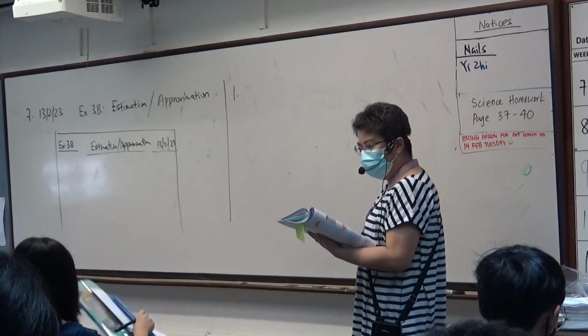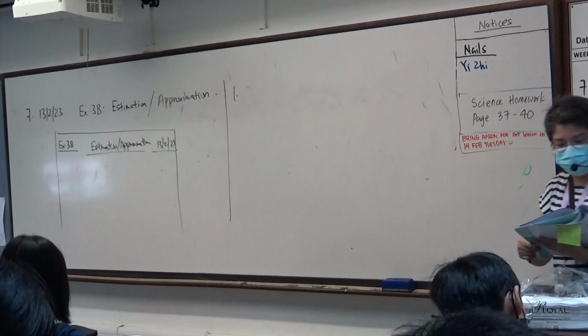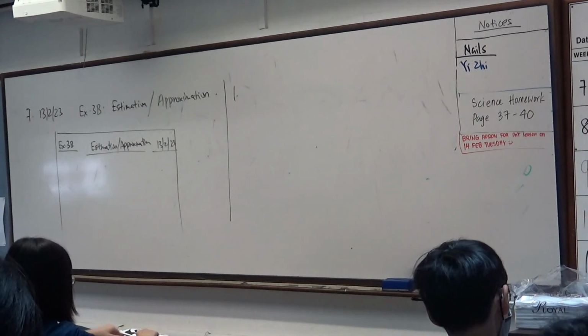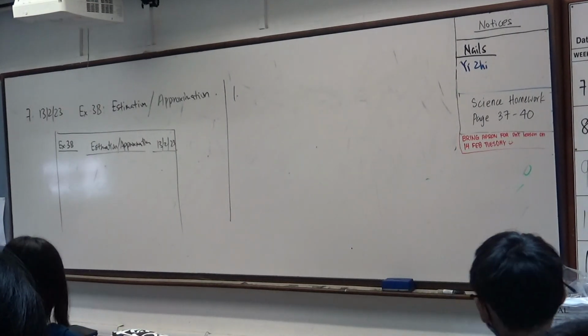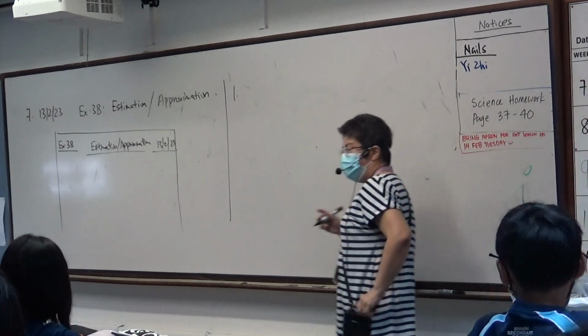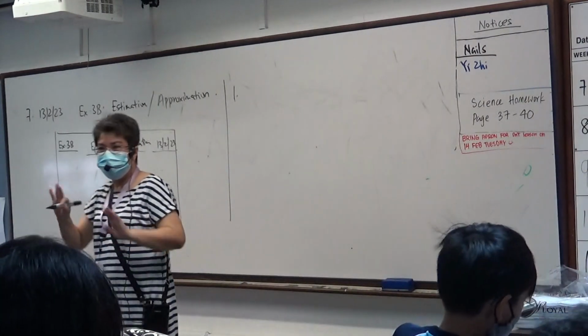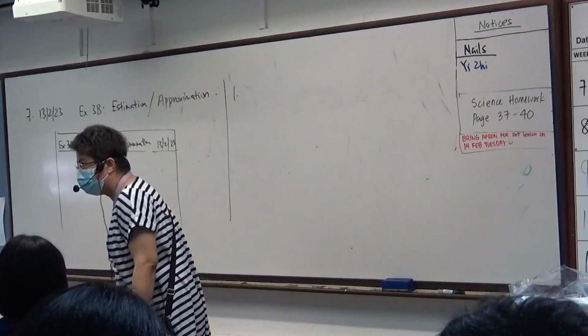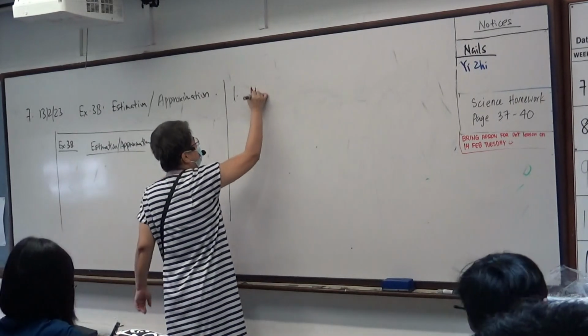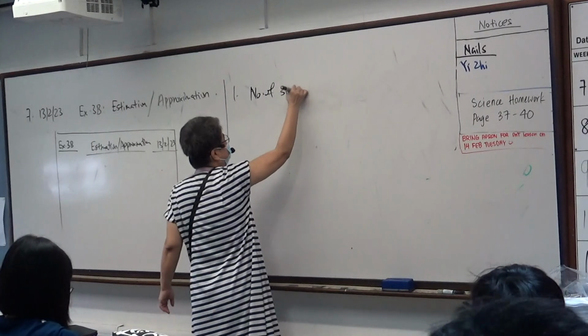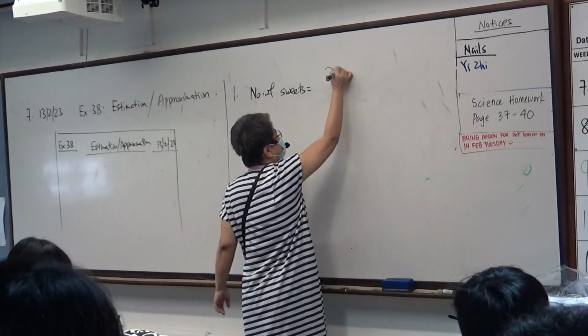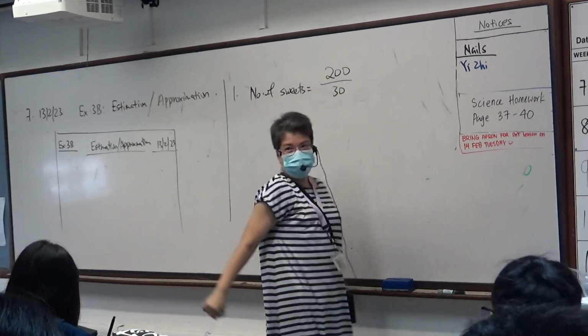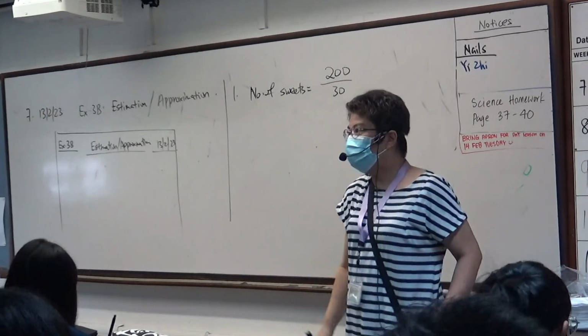What is the greatest number of sweets that can be bought with $2 if each sweet costs 30 cents? $2 and 30 cents are not in the same units. Alright. Number of sweets will be 200 divided by 30, right? When I do this, what am I doing?